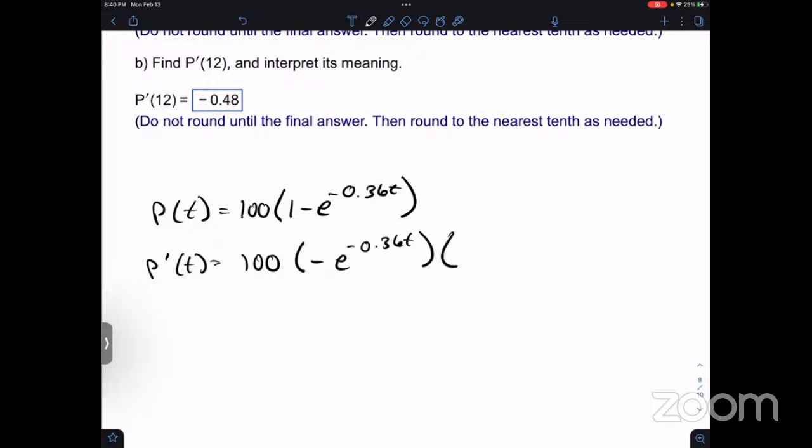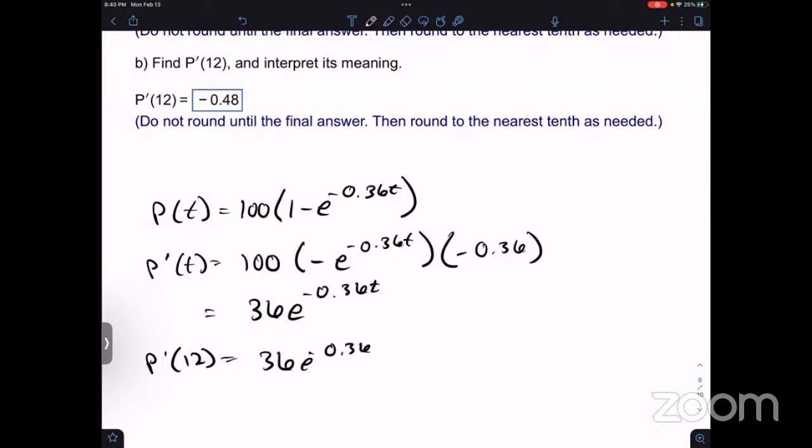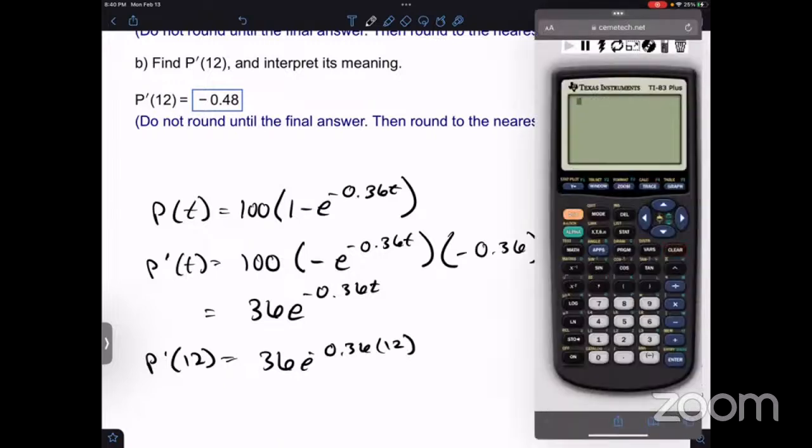Okay, let's simplify this guy. So double negative is positive. If we multiply by 100, we're going to get 36 e to the negative 0.36t. Okay. So then from there, we plug in 12. So p prime of 12 is 36 e to the negative 0.36 times 12. Right? And at that point, it's a calculator problem. 36 times e to the negative 0.36 times 12.